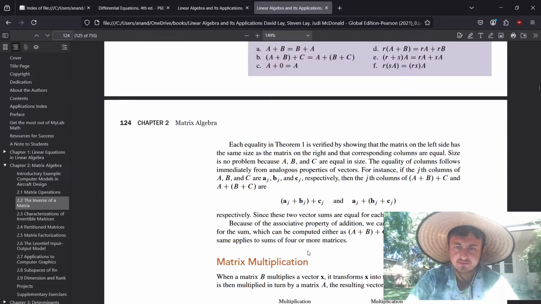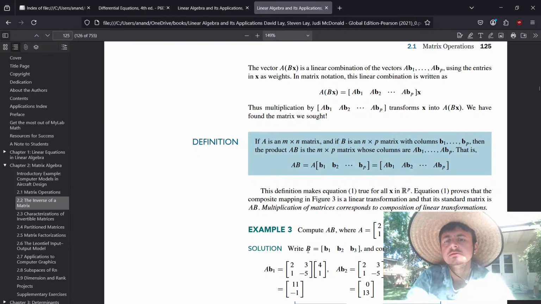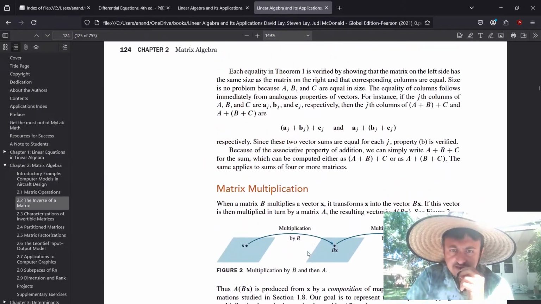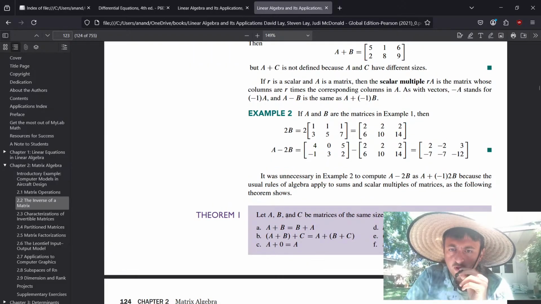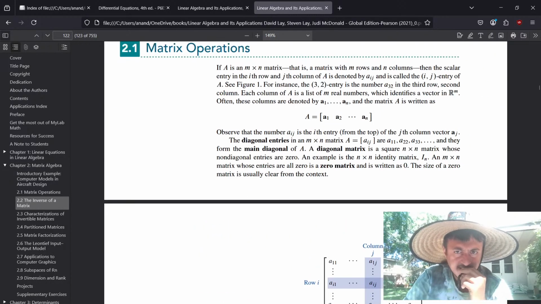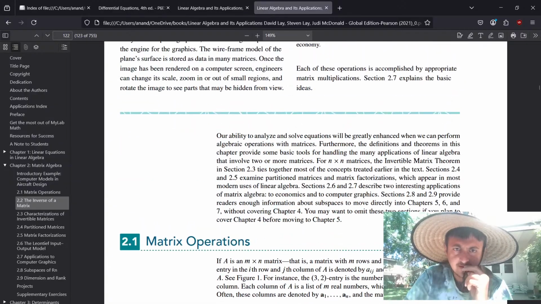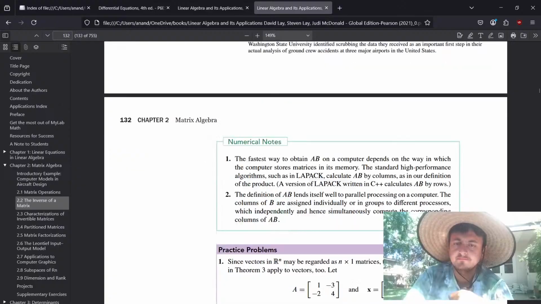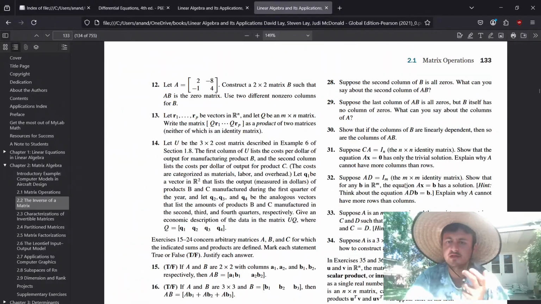Thinking about matrix multiplication as a series of matrix vector multiplications, more algebra. Okay, I'm trying to think. How do we do this one? I remember doing it.